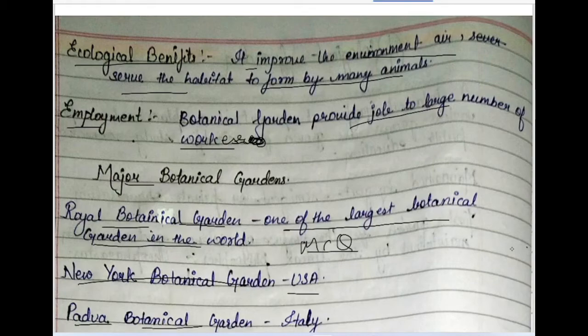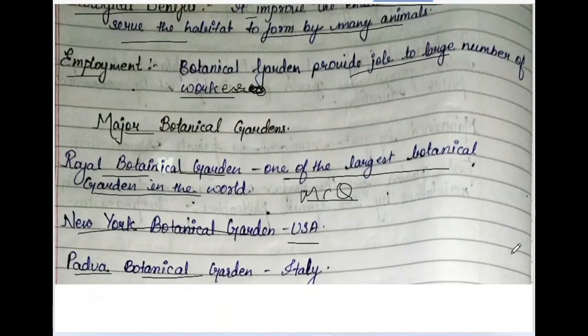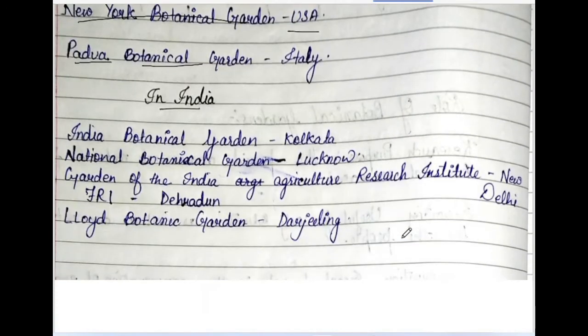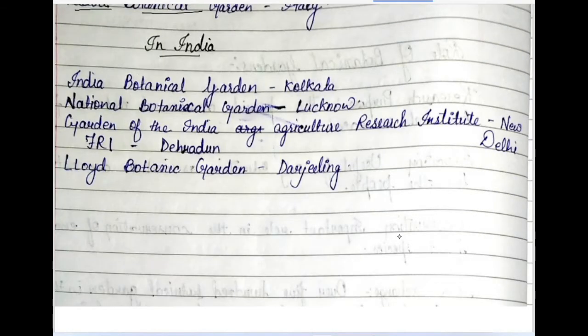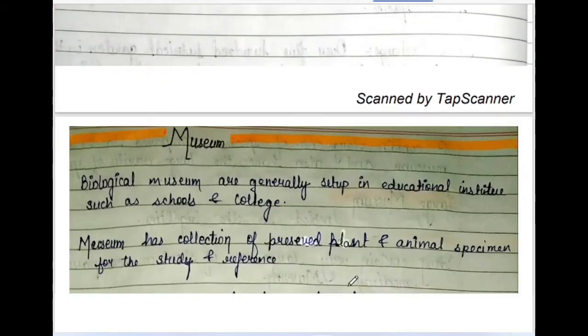Padua Botanical Garden, which is present in Italy. In India, Indian Botanical Garden present in Kolkata, National Botanical Garden which is present in Lucknow, Garden of the Indian Agriculture Research Institute which is present in New Delhi, FRI present in Dehradun, and Lloyd Botanical Garden present in Darjeeling.